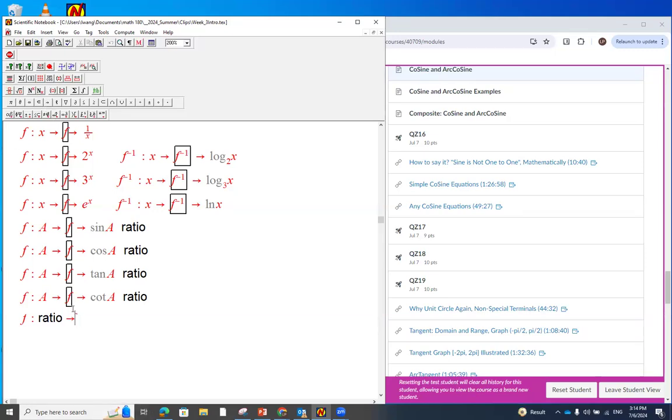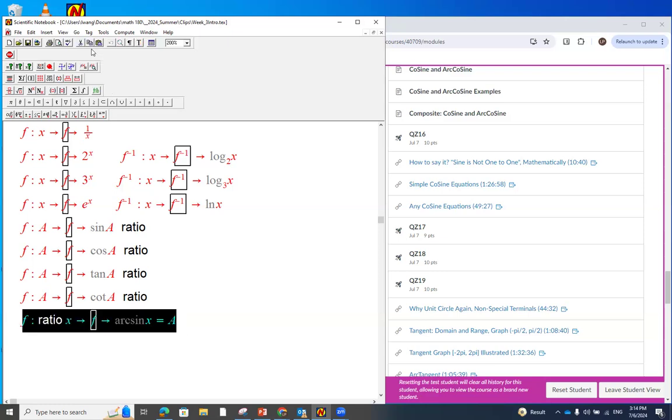One of them is arcsine. Suppose the ratio is called x, and the arcsine produces angles. This angle has its own specific domain and range, which we talked about in week number 2 and week number 3.